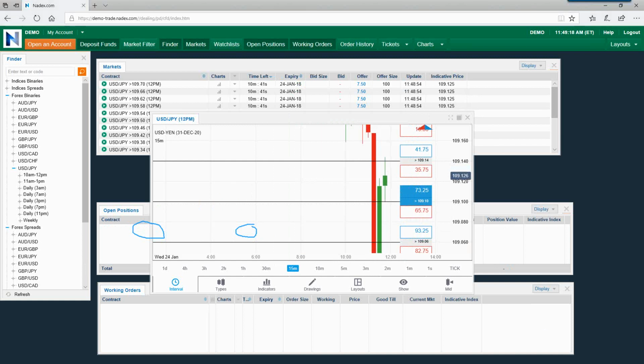Do y'all understand that? But on entry, if you read the ticket, it always tells you. You have to pay attention to what your risk was. If you were risking $49, but then you got out at, let's say, $20 cheaper, then you only lost $29.